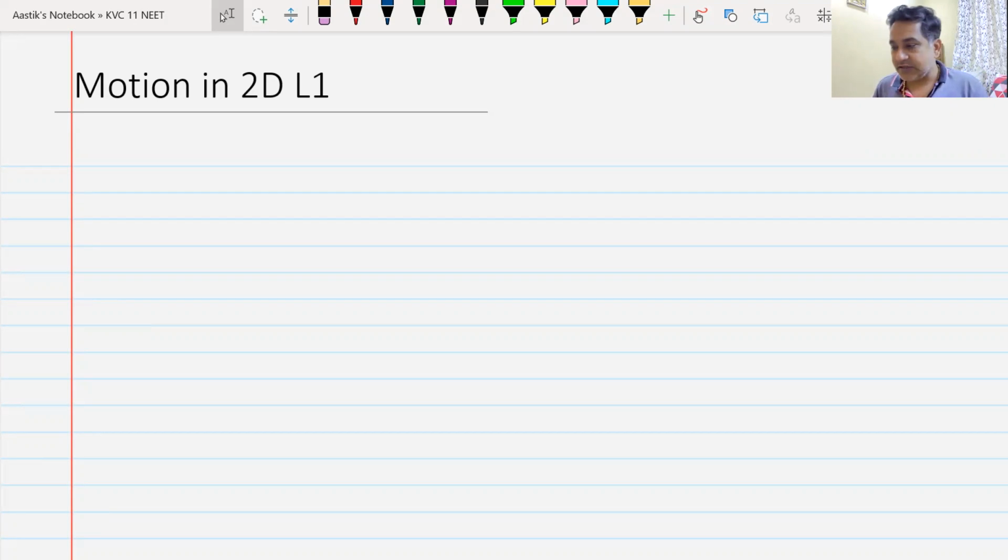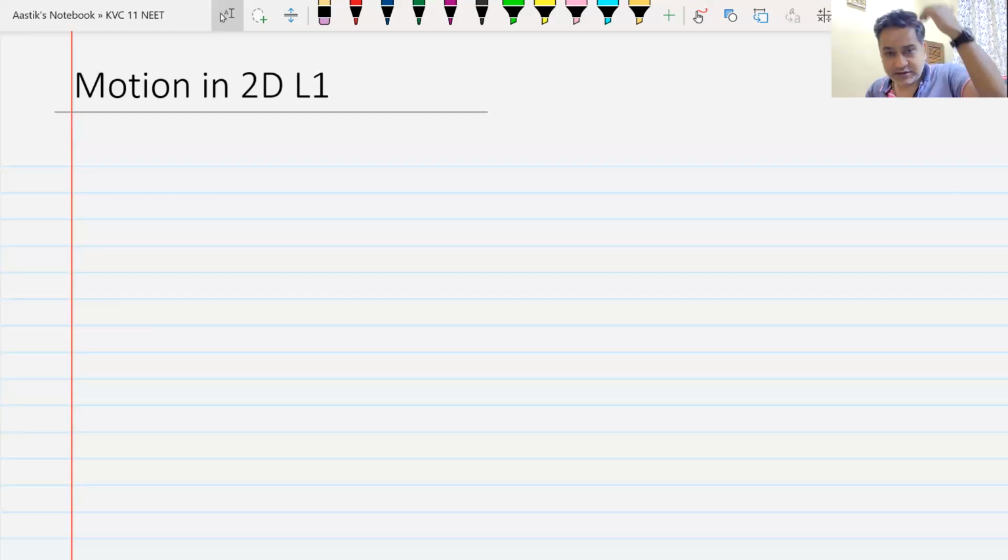Motion in two dimension. Now, what do you understand by motion in two dimension? Up till now, the motion was either happening on the x-axis or only on the y-axis. Do we understand this? From now onwards, motion is going to happen on both the axes together.